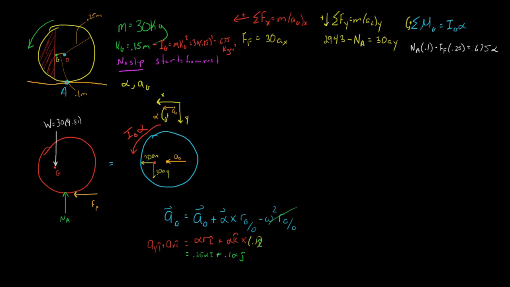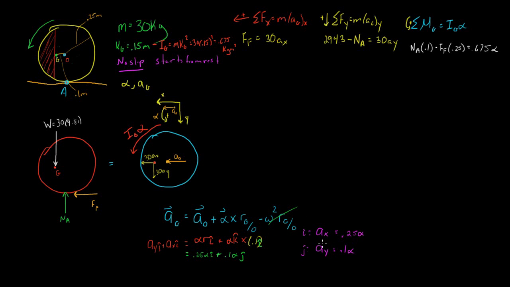So if we separate our i and j components, we're going to have our acceleration of x is equal to 0.25 alpha, and our acceleration of y is equal to 0.1 alpha. These right here are j components, and this right here are my i components.